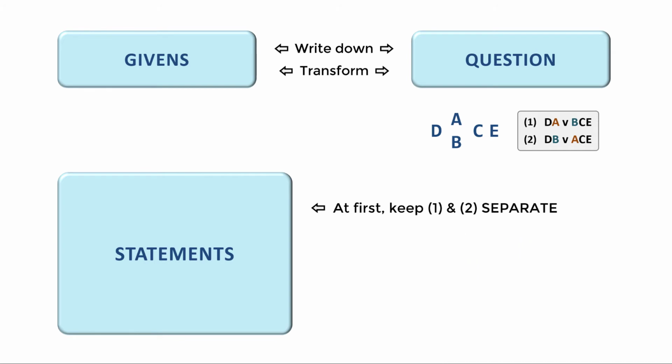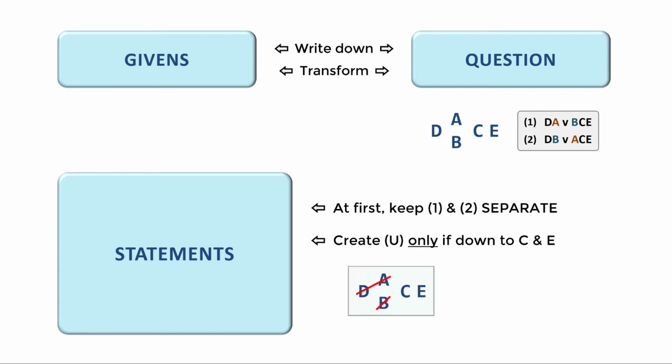Sometimes it is appropriate to combine statements 1 and 2. In such cases, we create U, the united statement. It's important to do this only if we have eliminated answer choices D, A, and B, and are therefore down to C and E. In other words, create U only in situations like this or this, where only C and E remain.